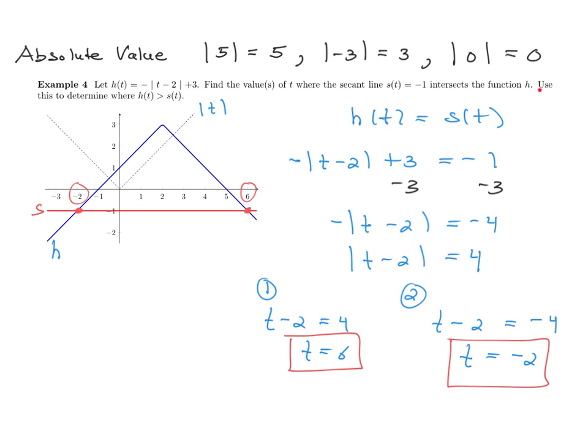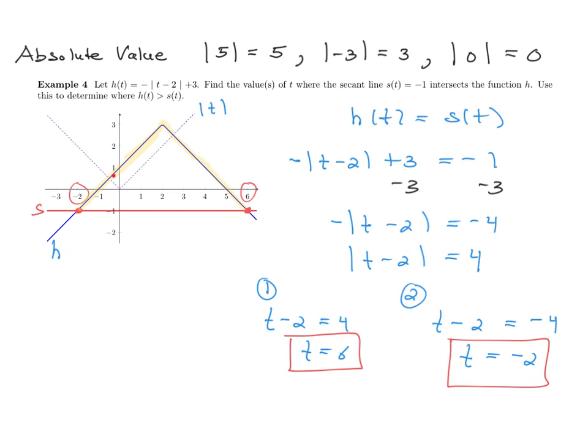There is one final part to this. It says, can you use this to determine where h is greater than s? So here's h. Where are the y values of this function greater than these y values? It's either going to be between these two numbers or on the outsides of those two numbers. And just by looking at the graph, I can see that we're talking about this part of the graph.